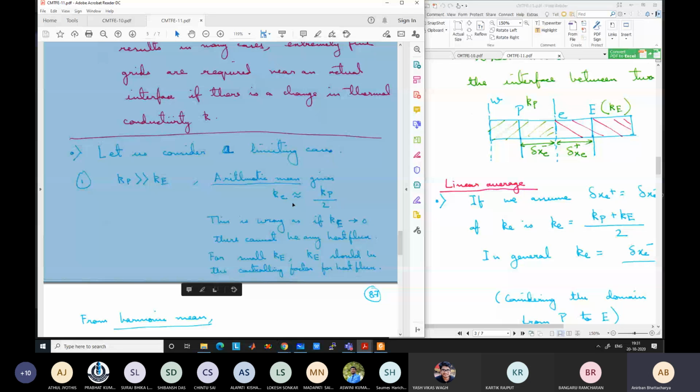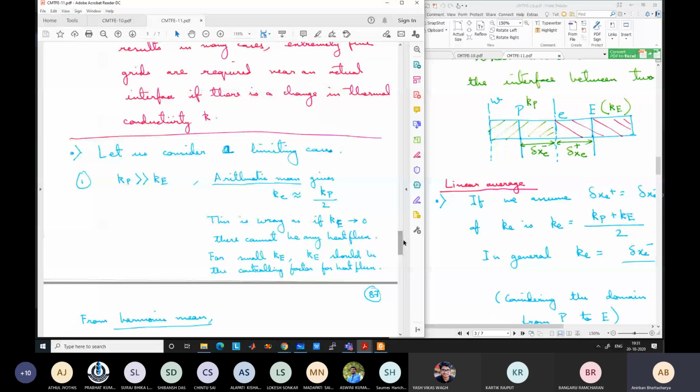On the right side you have a very poor thermal conductivity material, some insulating material like wood. One side we have copper, the other side wood.